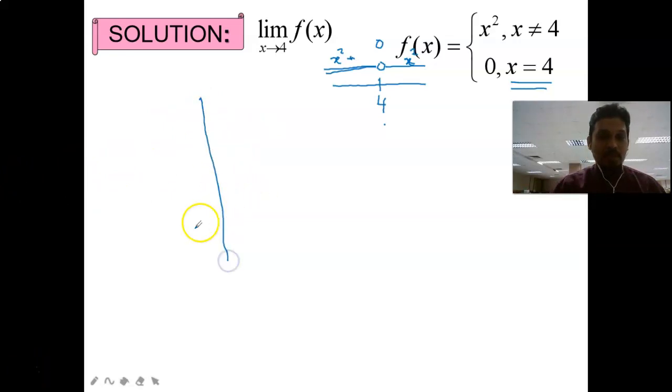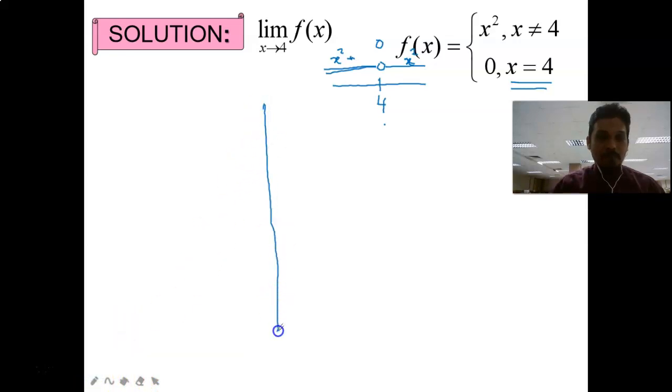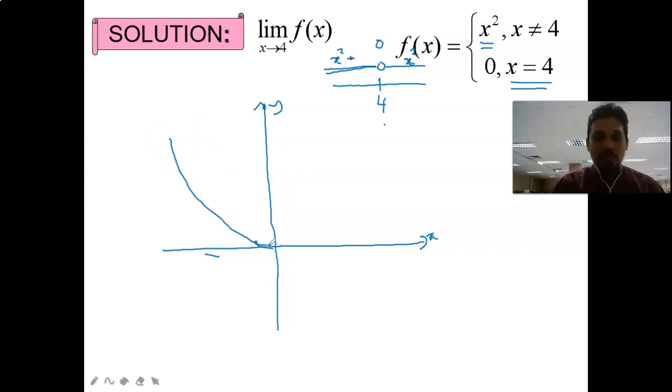Let's take a look at the graph of this. The graph will be something like this, because the function x squared has its graph at the origin and moves up. So y equals x squared, and when x equals 4, let's say 4 here.